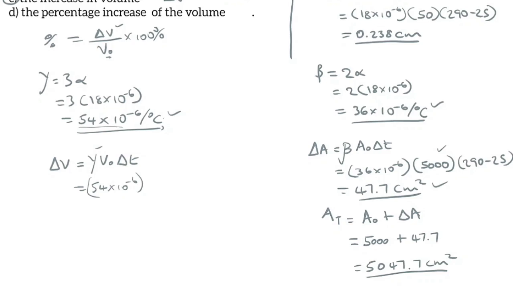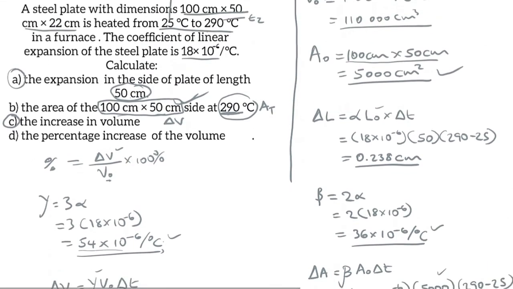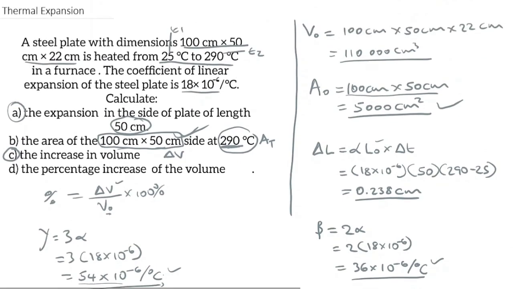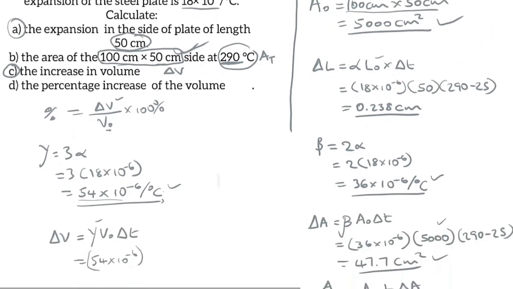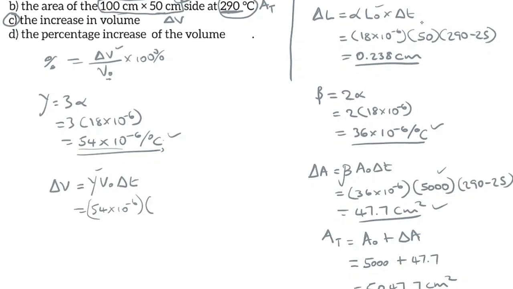Then the initial volume, we found it here to be 110,000 centimeter cube. Then the change in temperature is 290 minus 25. The change in volume is 1574.1 centimeter cube. Now we've found the answer for question C.